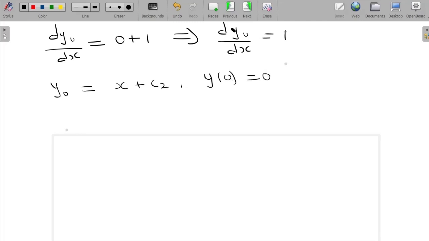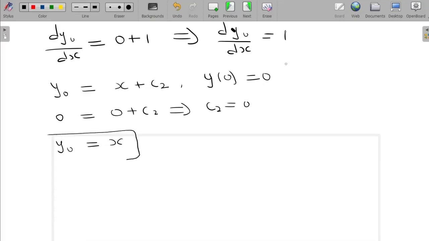So 0 equals 0 plus c2. This implies that c2 is equal to 0. So our y0 is equal to x. This is the first term of the solution.